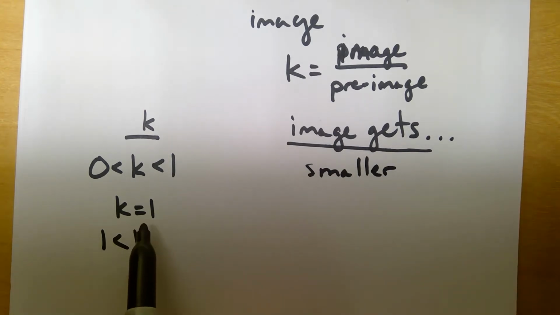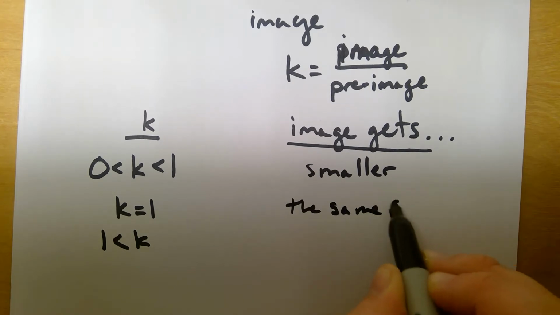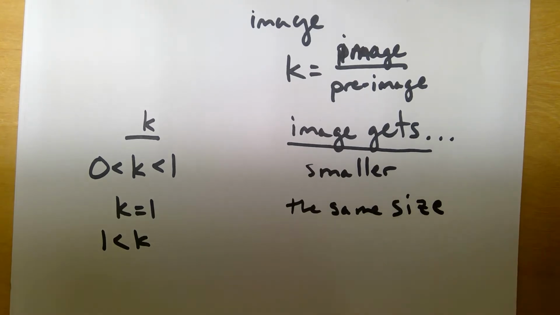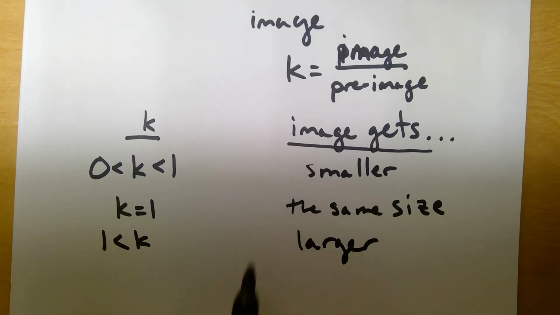If K equals 1, that means we multiply by 1, and so our image gets the same size. Okay? Now if K is bigger than 1, that means we're multiplying by 2 or 3 or 4 or some other number, but we're multiplying, so the image will be getting larger. Okay? So we have a reduction and an enlargement.